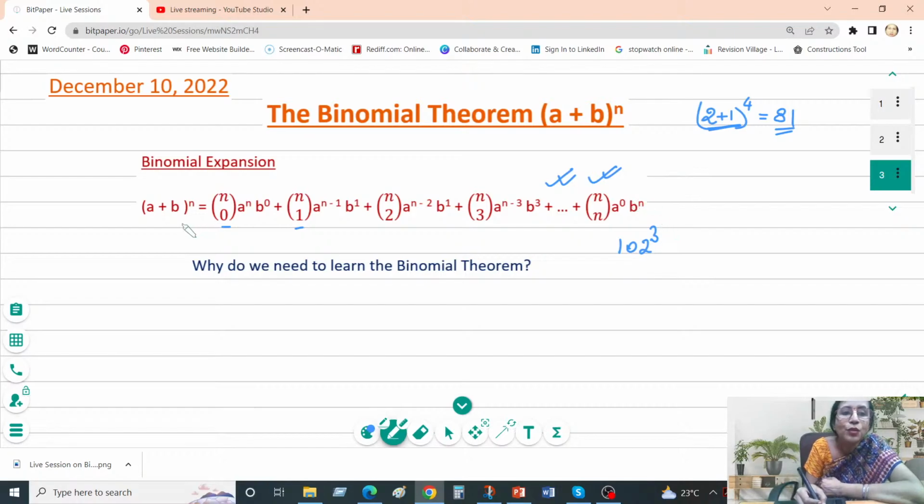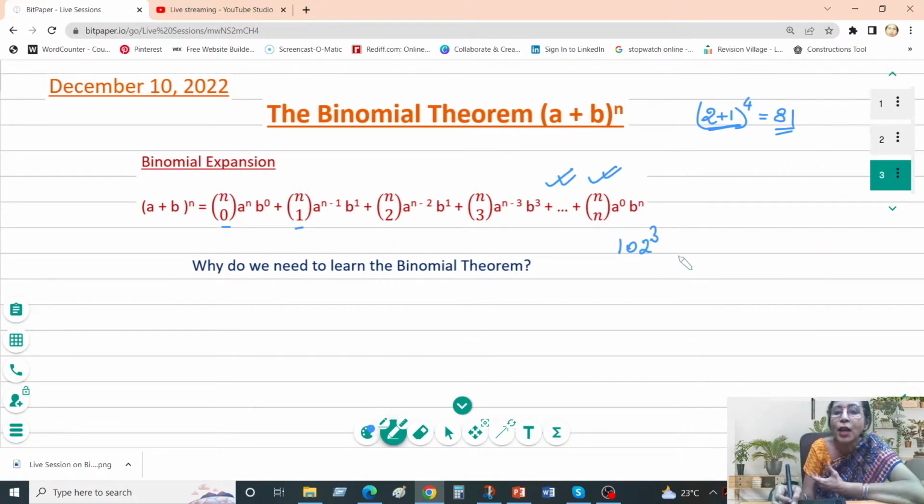Of course, if it contains two unlike terms, definitely you will use the expansion. But even if you have two like terms, you will add them and you really do not need the binomial expansion. But I'm not talking about having the calculator. For IBDP people, you all have paper 1, which is without calculator. So how do we find 102 raised to the power of 3?